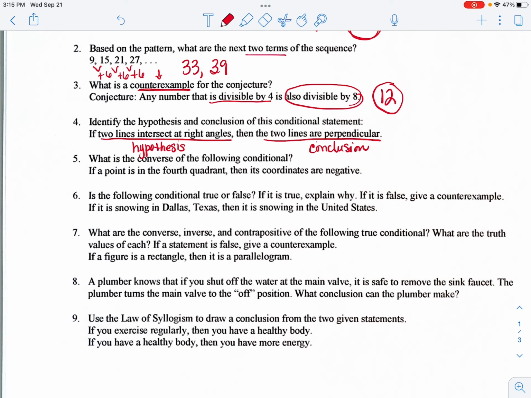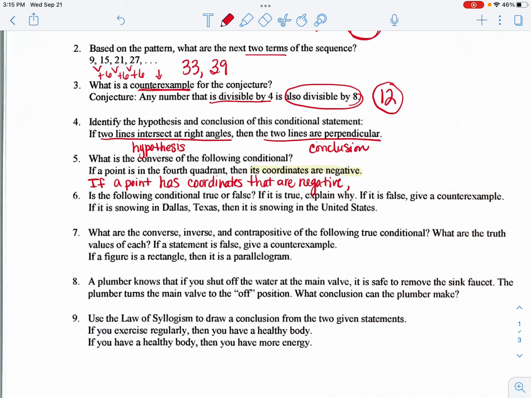Number 5, the converse of the conditional. Remember, that's just where we're going to take our if statement and our then statement and we're going to switch them. So if a point has negative coordinates or coordinates that are negative, okay, so I took this part here, right, the coordinates are negative, and I put that first.